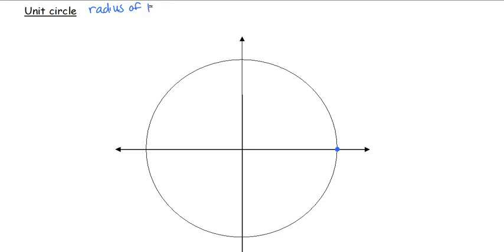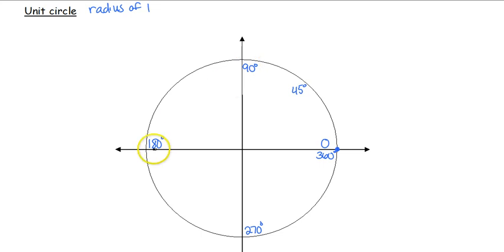So we're going to go ahead and start with degrees from yesterday. We know that this is 0 degrees. We have 90 degrees, 180 degrees, 270 degrees, and all the way around is 360 degrees. Let's go ahead and add some more detail to that. Halfway between 0 and 90 is 45 degrees.